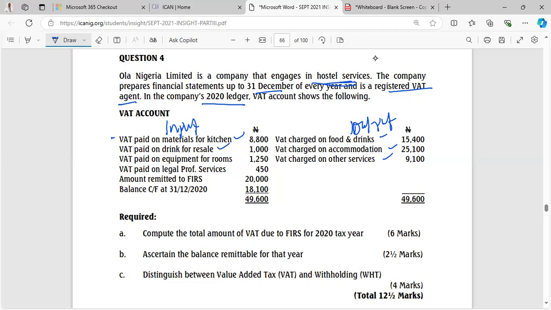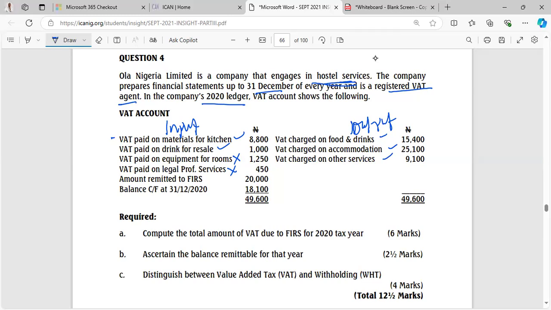VAT paid on equipment for the room, no. VAT paid on legal professional service, no. VAT remitted to the FIRS is the amount that you have already paid to the FIRS, and this is the balance of your VAT account.